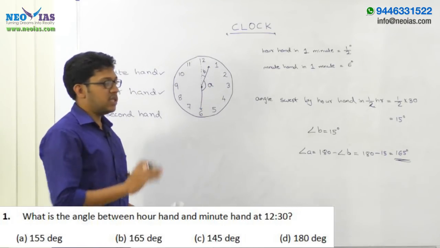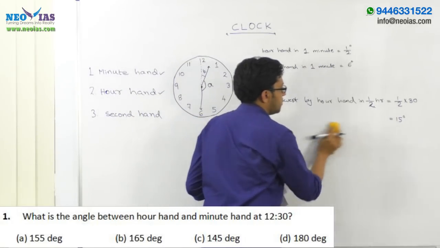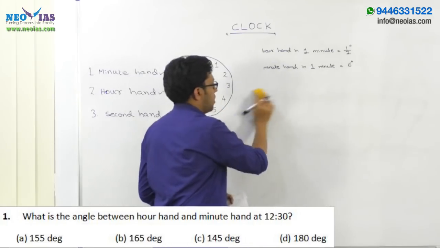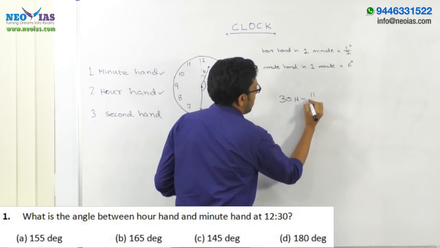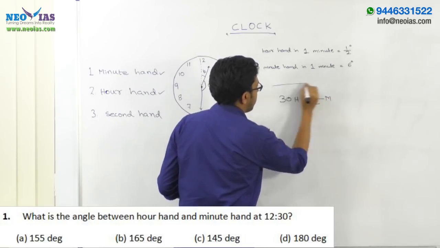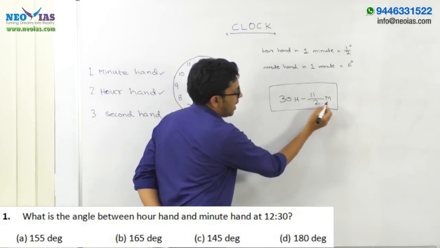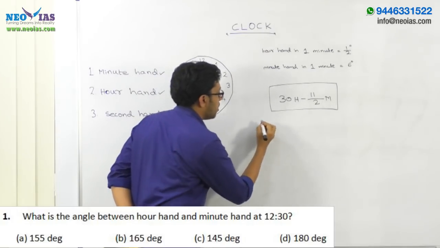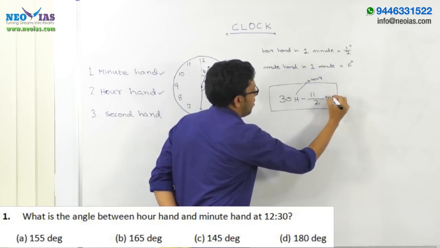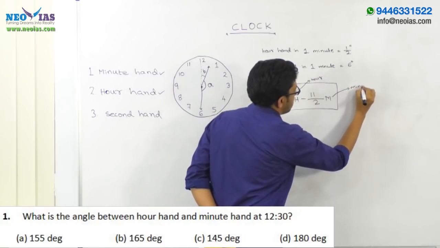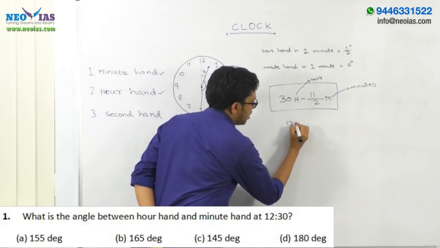Another way is there to find out this problem. There is a formula, and the formula is 30h minus 11 by 2 m. H stands for hour and m stands for minutes. Here the given time is 12:30.